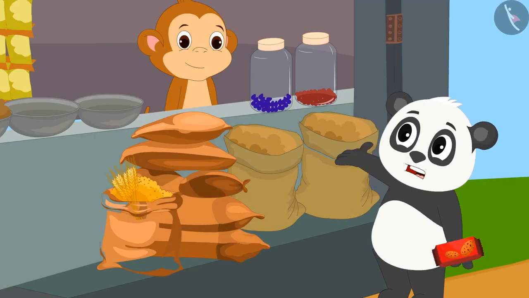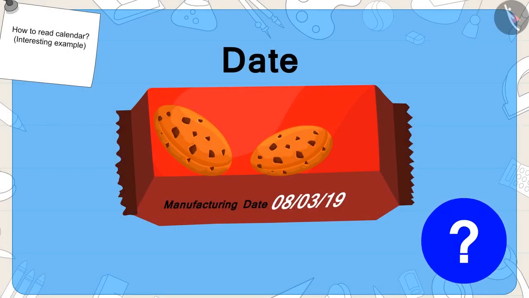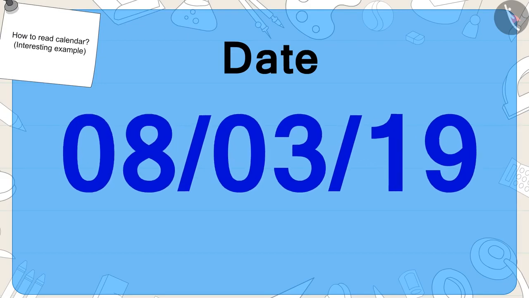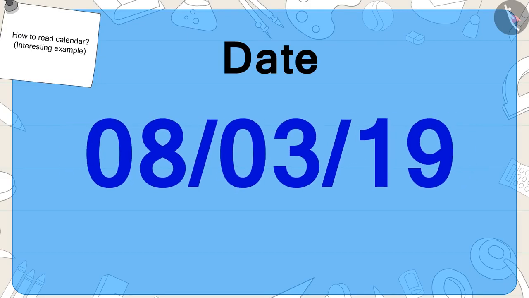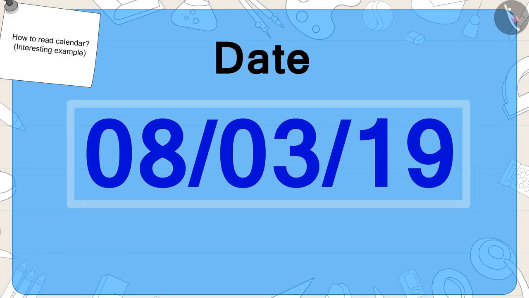Golu asks Babban how he came to know what date it is. Children, have you seen a date written like this on something? We can write any date in this way.